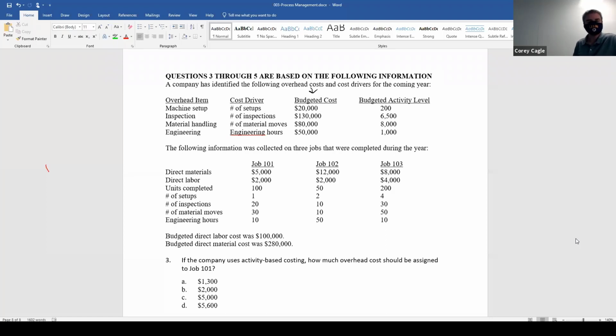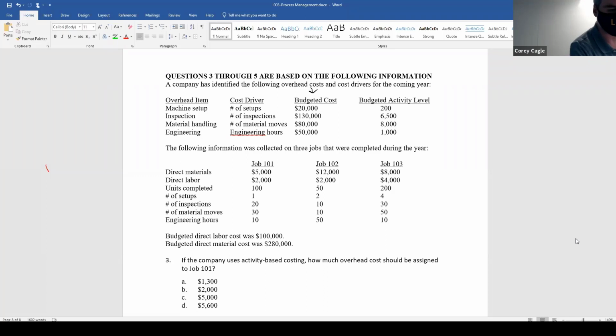About 130,000 of it's because of inspections. You know, these are things we can't directly trace to a product, but we have to allocate it. Looks like we're incurring costs for handling materials, but we can't really trace all that. We got engineering costs.